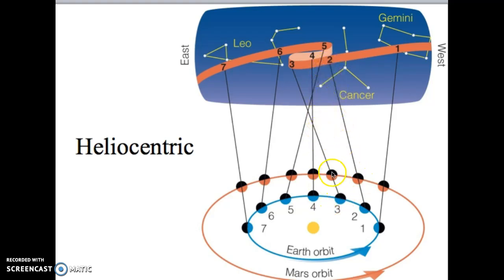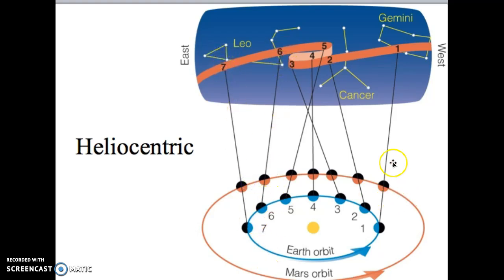Then as we move here, we're looking at it, Mars is here, but then it appears to move backwards. So it's all about the relative position. Now it's really moving backwards, and then as we move farther, it continues to overtake us.